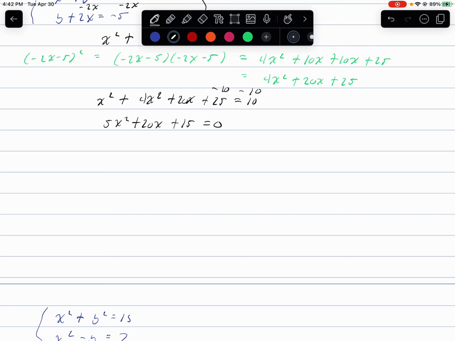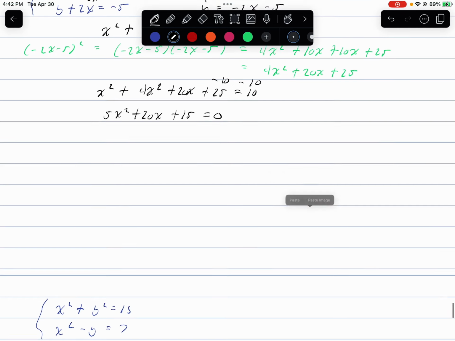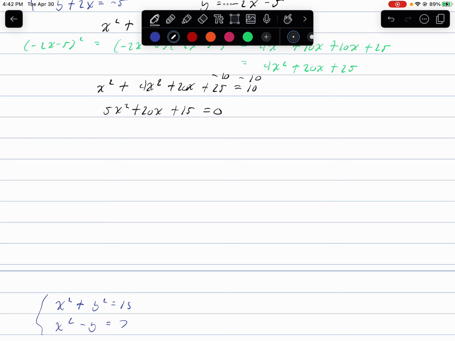Now we can solve for x. To do this, we can recognize that all three of these terms are factorable by 5. If we pull a 5 out, we'll get 5 times x squared plus 4x plus 3 is equal to 0. And that 5 really isn't going to play any major role here. So we can just go ahead and factor the quadratic.